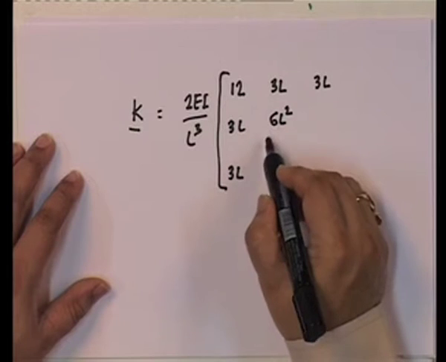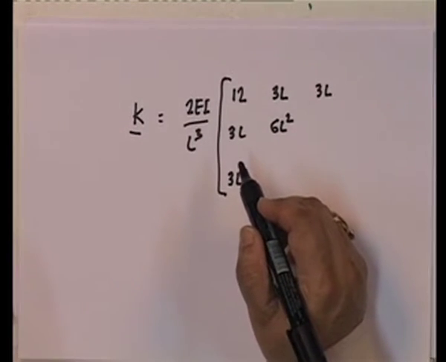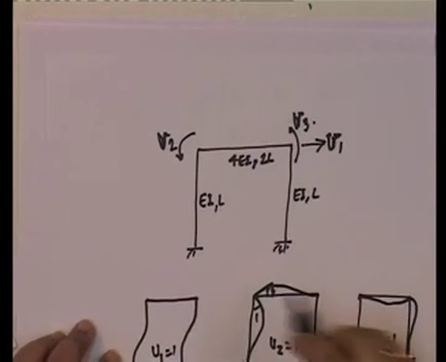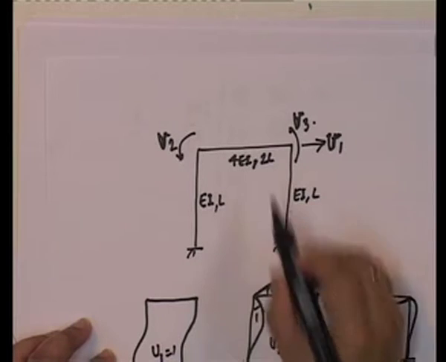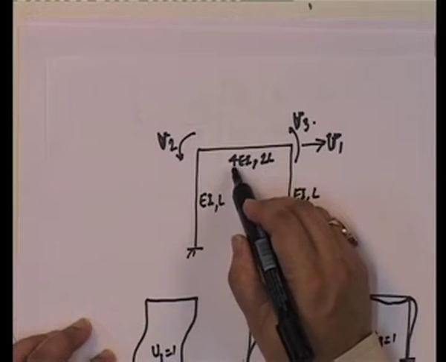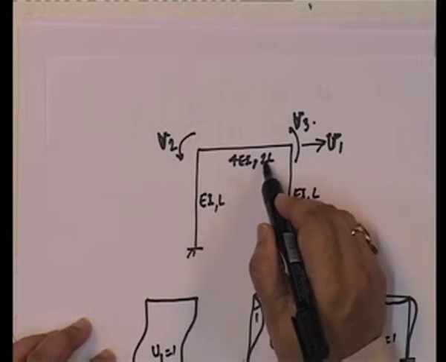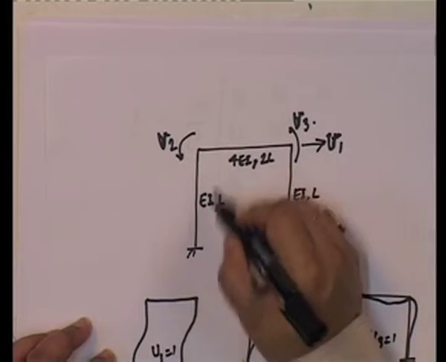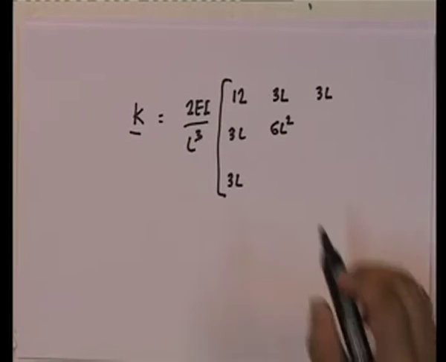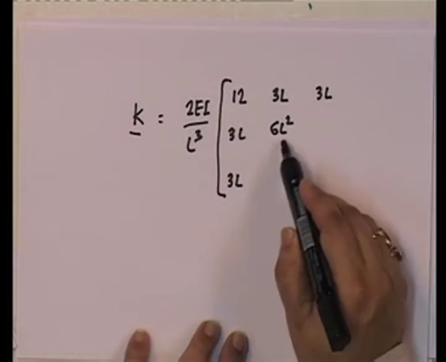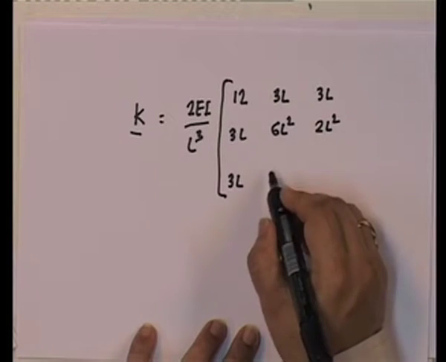This becomes 12 EI by L, because I will just give you one example. This will come out as 4 EI. So, 4 into 4, that is 16 EI upon 2 L. That becomes 8 EI by L, and from this one I get 4 EI by L. So, the total over here will be 12 EI by L. Similarly, you can find all the other ones.